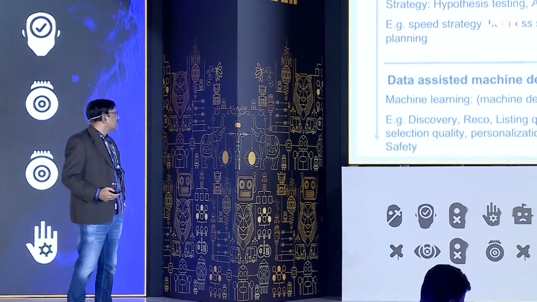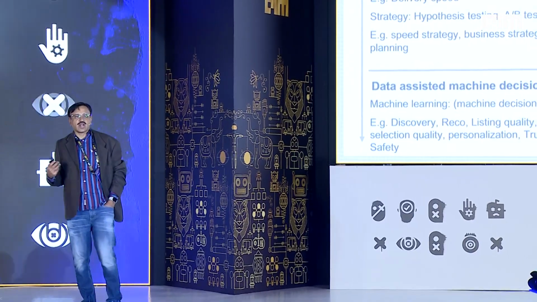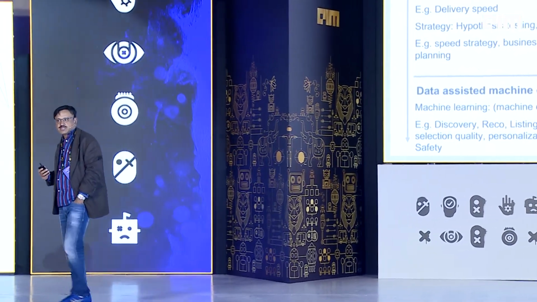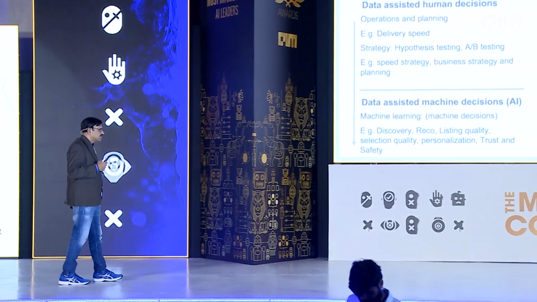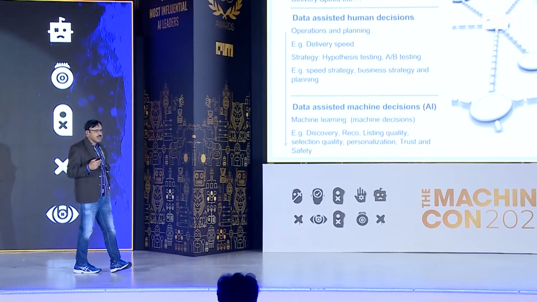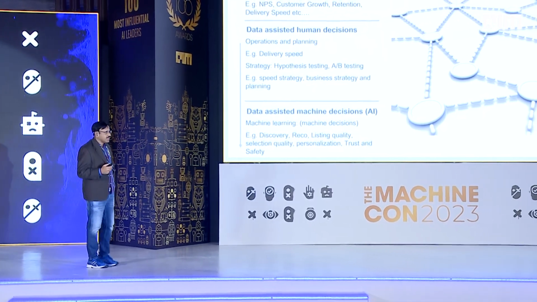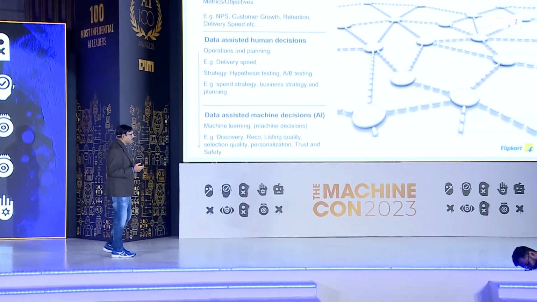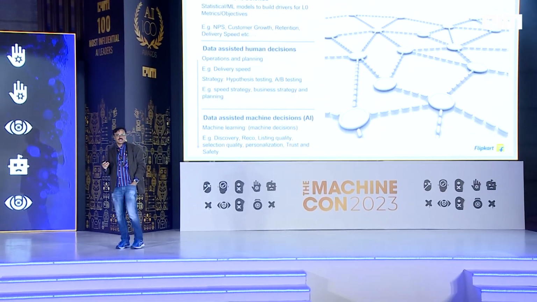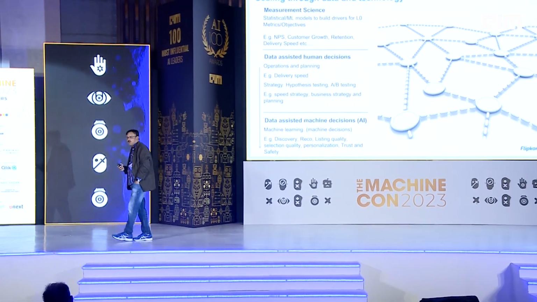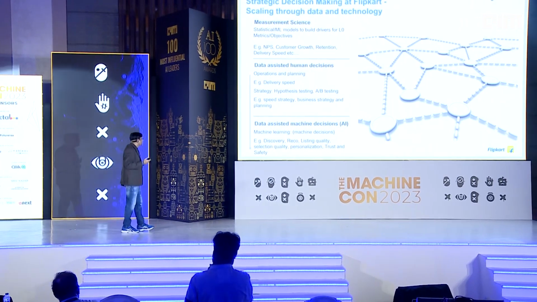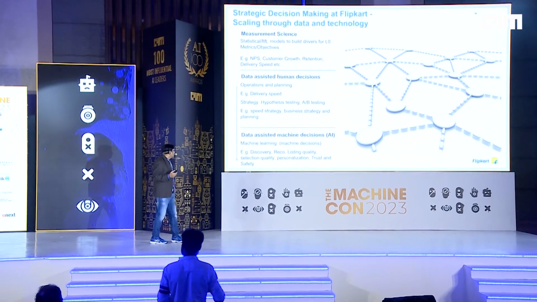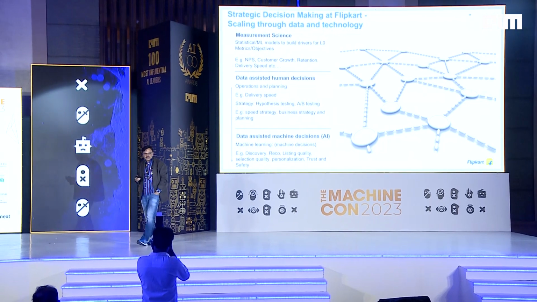The second piece is data-assisted human decisions. This is your classic business analytics: what categories do you invest in, how do you drive growth, growth hacking, operational and planning initiatives, what areas do you develop in your seller ecosystem, classic business, operational and logistics strategy.